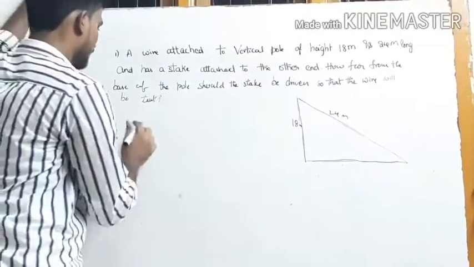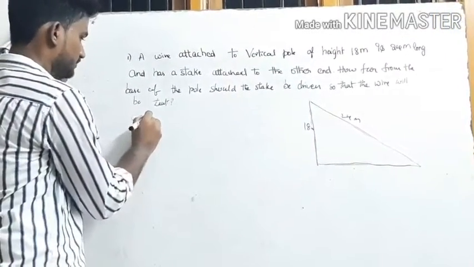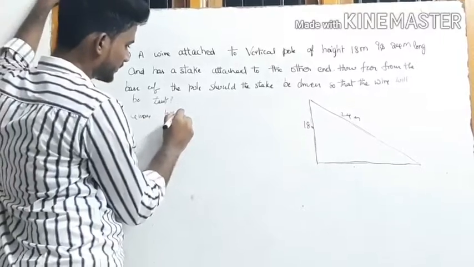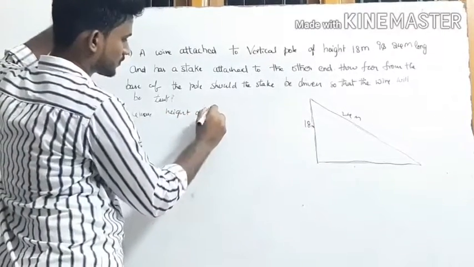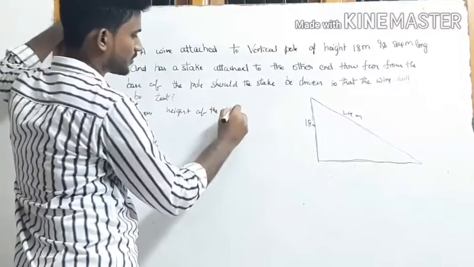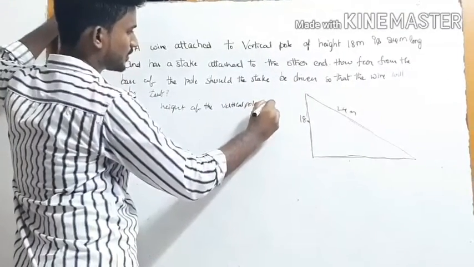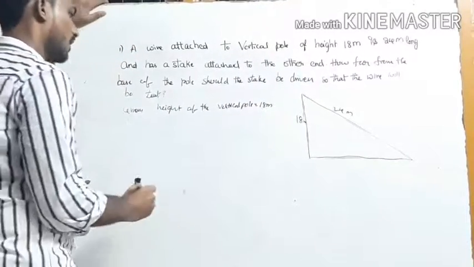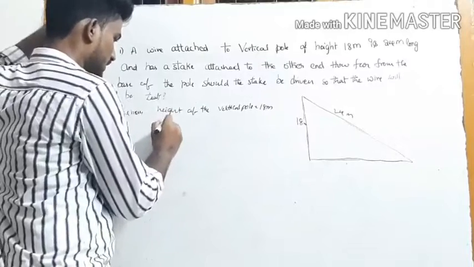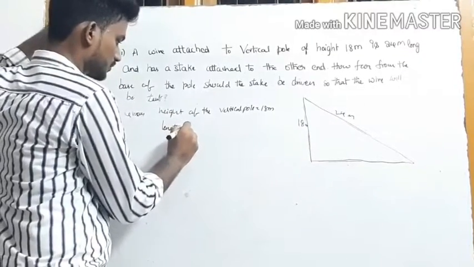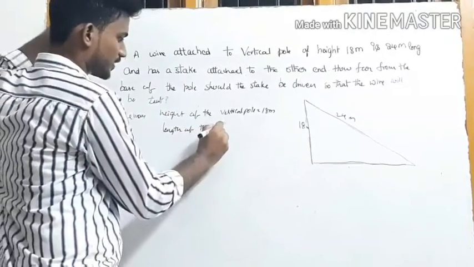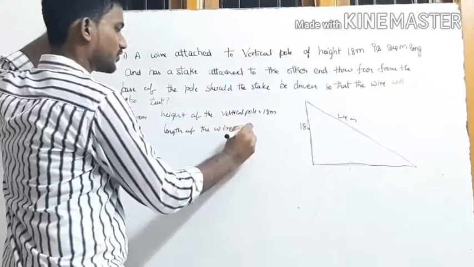Given: the height of the vertical pole equals 18 meters and the length of the wire equals 24 meters.